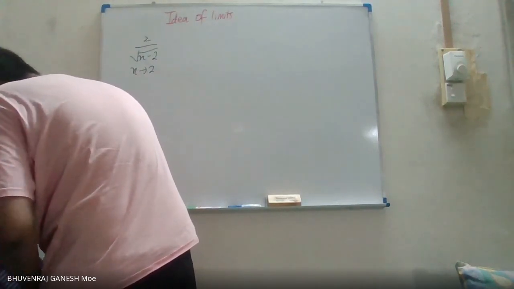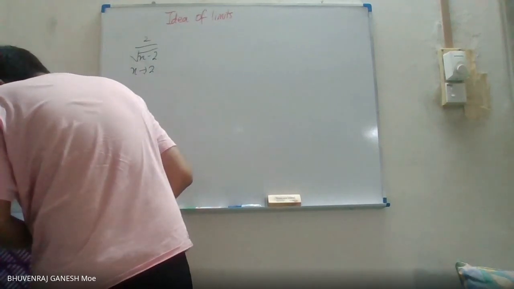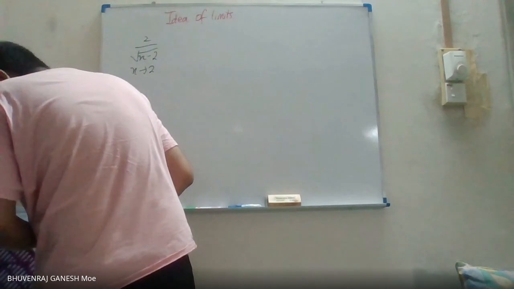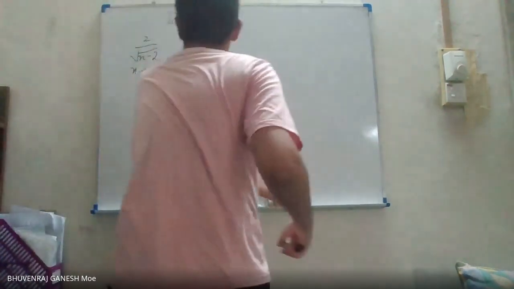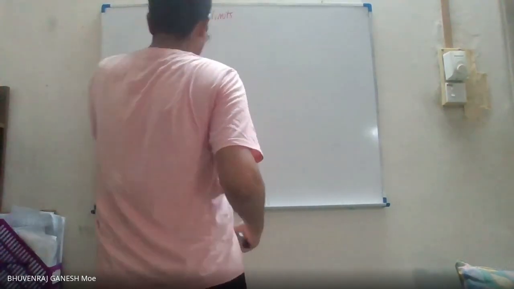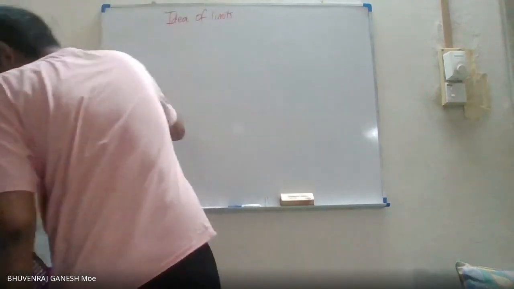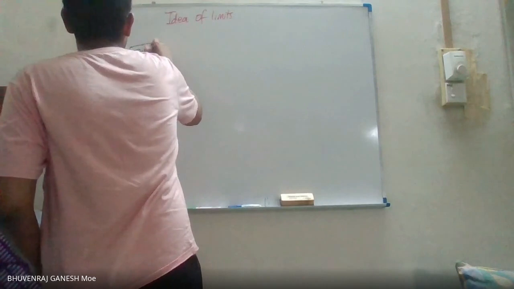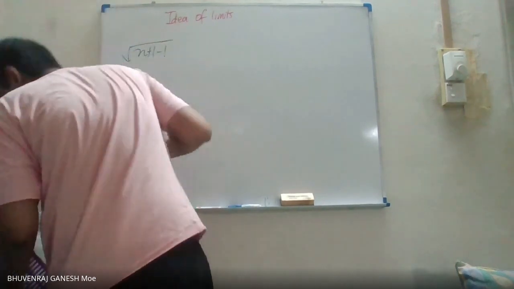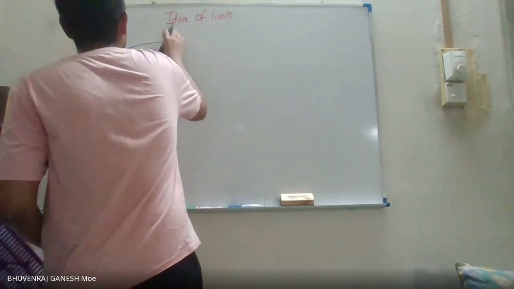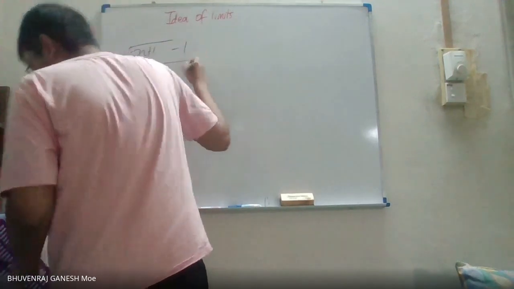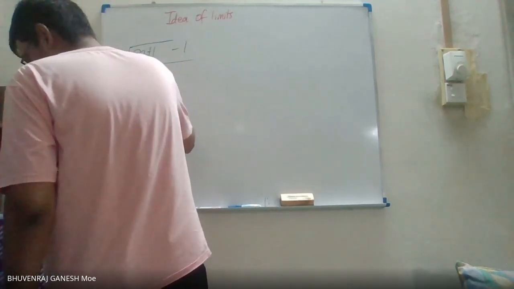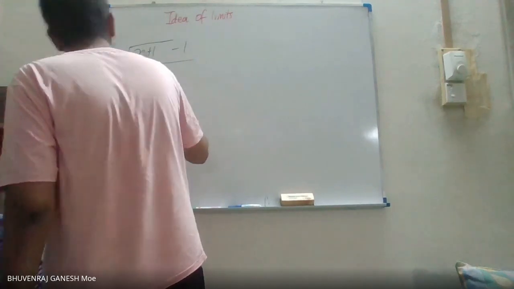Quite difficult one. Okay, this one. Let's say we have surd x plus 1 minus 1, over x. The limit is x goes to 0.